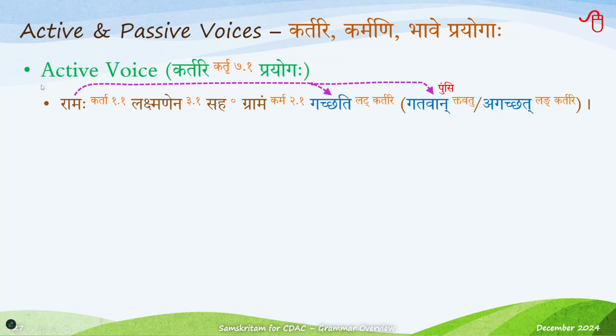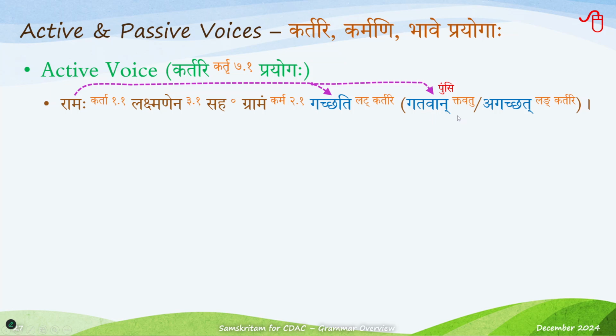In the same way, Ramah Lakshmanah cha gramam agacchatam, some form is there in dvivachana; agacchan in bahuvachana. Or gatavan, gatavantau, gatavantah. For example, Ramah Lakshmanah Sita cha gramam gatavantah.